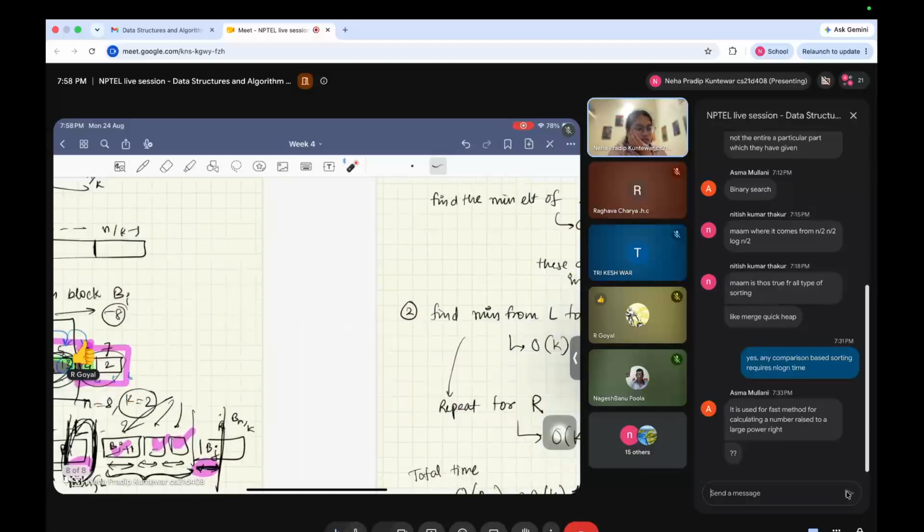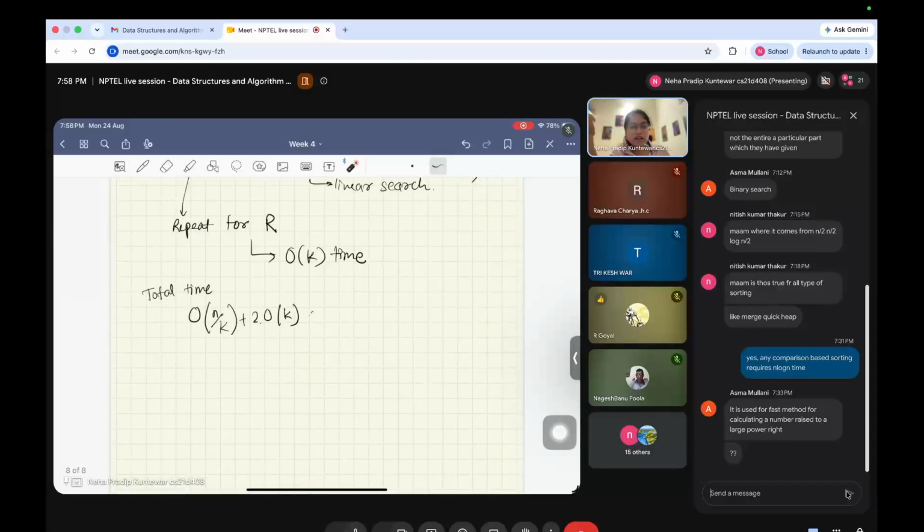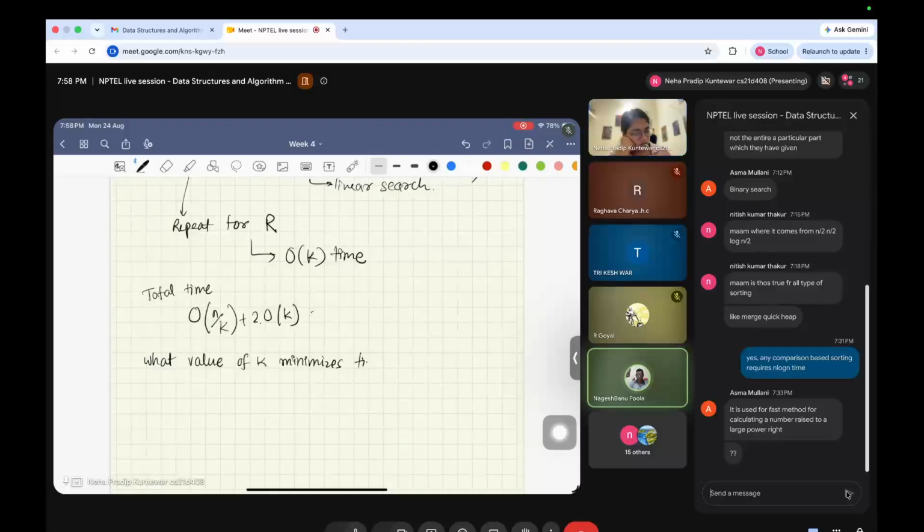Okay, so now the point is, what value of k should I choose so that this is minimized? L is something that is not fixed.